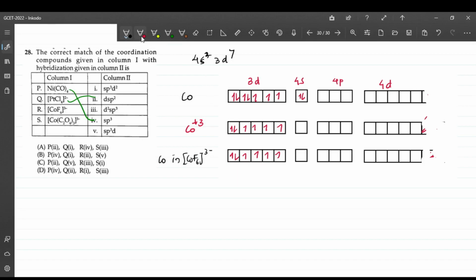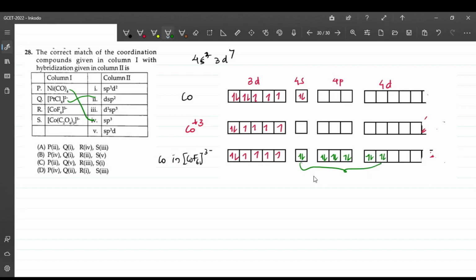Pairing is not going to take place over here. So there are 6 ligands, right? There are 6 ligands, and ligands will be placed here. There is no empty space. So here 1, 2, 3, 4, 5 and 6.